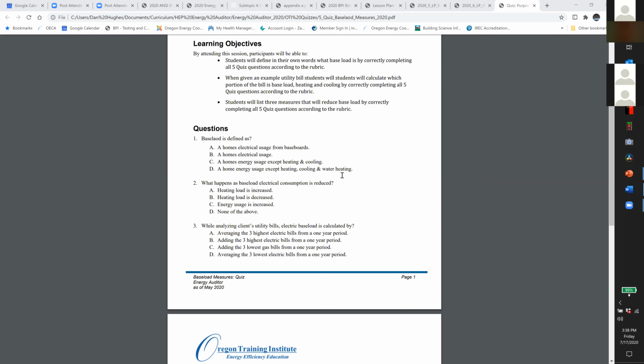Hey, Dan, I got a question on number two. I was going to put none of the above. Can you explain A, that heating load is increased? Right, because as we reduce base load, so we have less base load usage, we have less of the waste, and the waste from base load is heat, and that heat's going into the house.